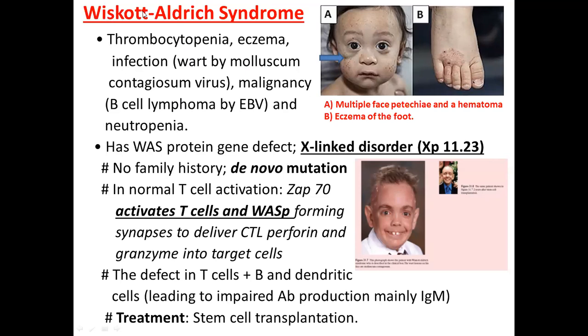So in Wiskott-Aldrich syndrome, they have a WAS, Wiskott-Aldrich syndrome protein, gene defect. This gene defect is an X-linked disorder, Xp11.23. The patient usually has no family history. It is a de novo mutation. It happens naturally like that.